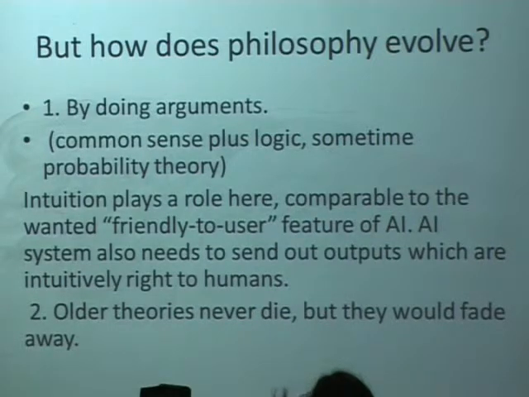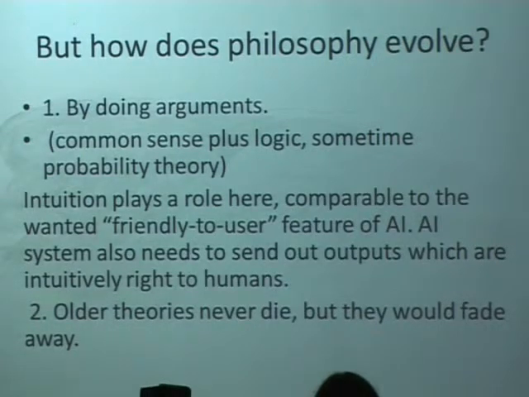You need some axioms fed to the system representing some common sense in a certain sphere of human life, and the system has some kind of inference rules to deal with in order to yield some useful outputs. Sometimes we will not use logic, but probability theory.